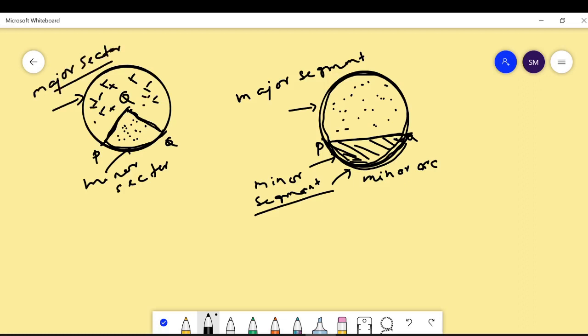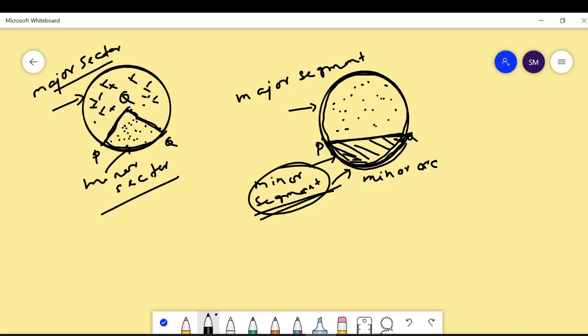The basic difference between sector and segment: the area in between the chord and the arc is called a segment, while a sector is the plane area in the circle which is between the arc and the two radii. This is called a sector and this is called a segment. This is the minor sector, this is the major sector, this is the minor segment, this is the major segment.